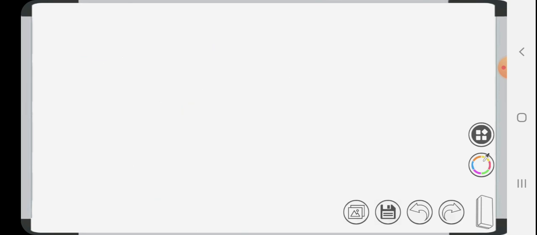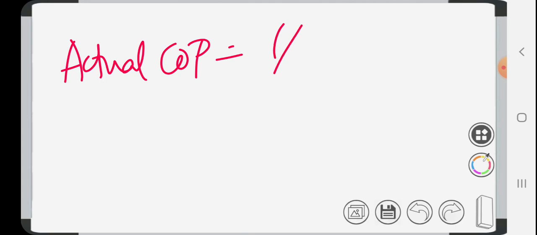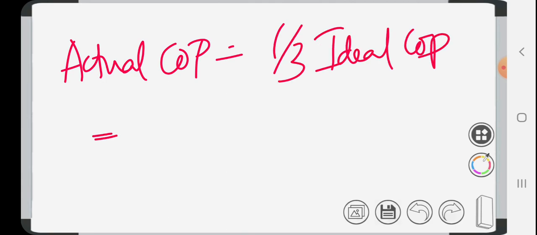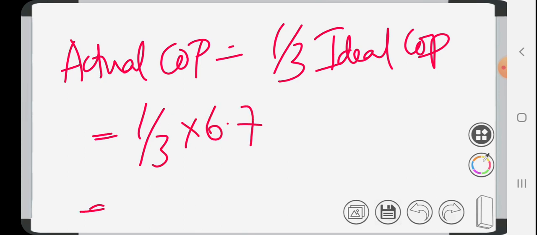But the actual COP is 1 by third of the ideal, right? So 1 by third of 6.7 will be some value around 2.23.